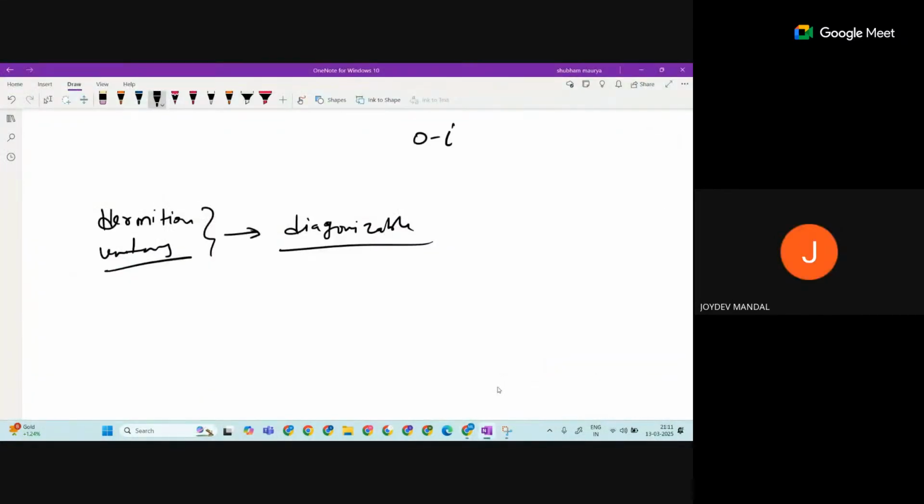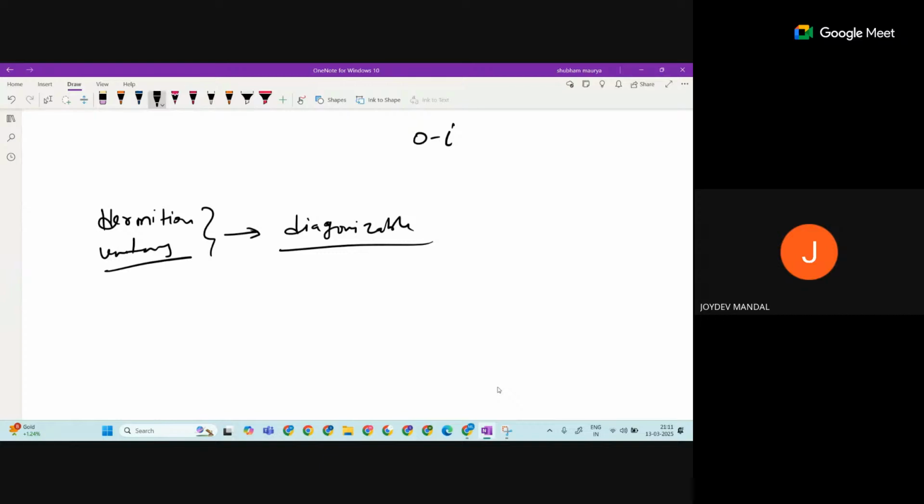Sir, this may be wrong sometimes. Every Hermitian matrix is diagonalizable, but is it also true for unitary?